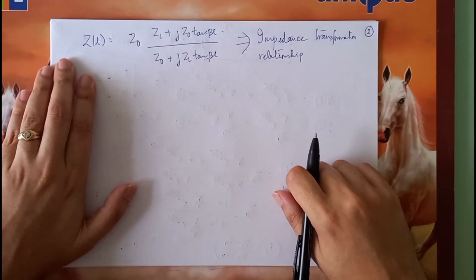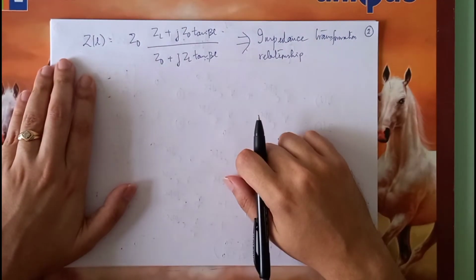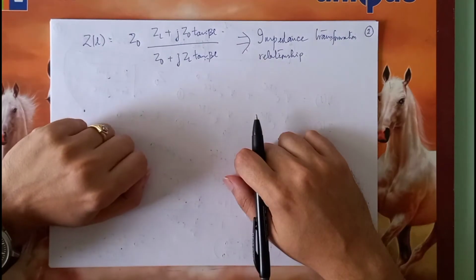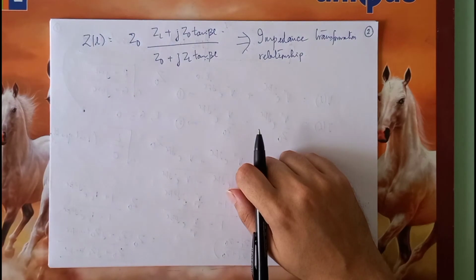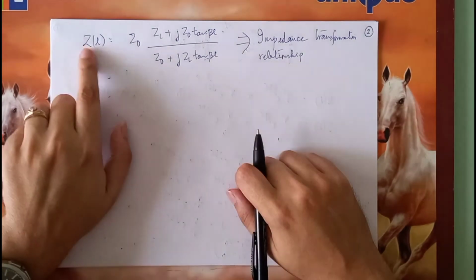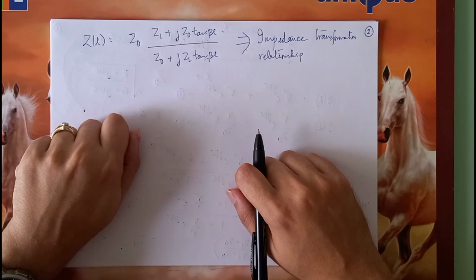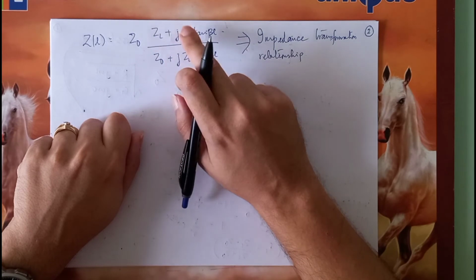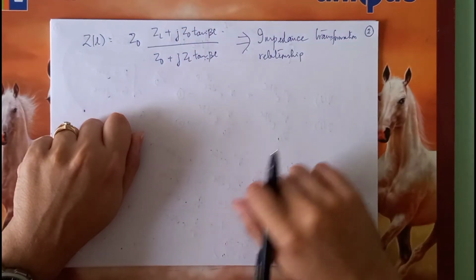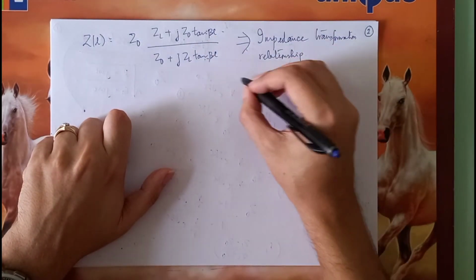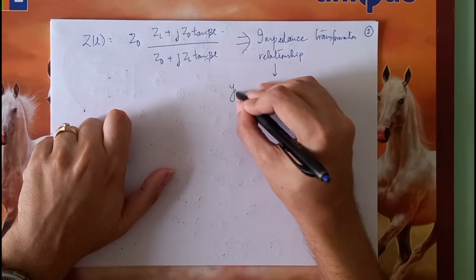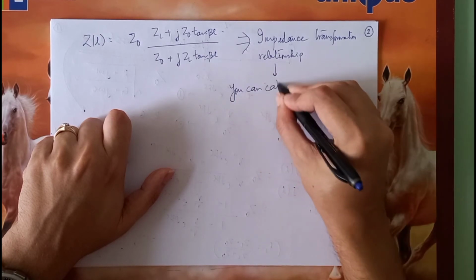More importantly, for a practicing engineer, it is important to note that the impedance transformation relationship gives you the means to calculate the impedance at any point on the line, so long as you know the load impedance, the characteristic impedance, and the position.